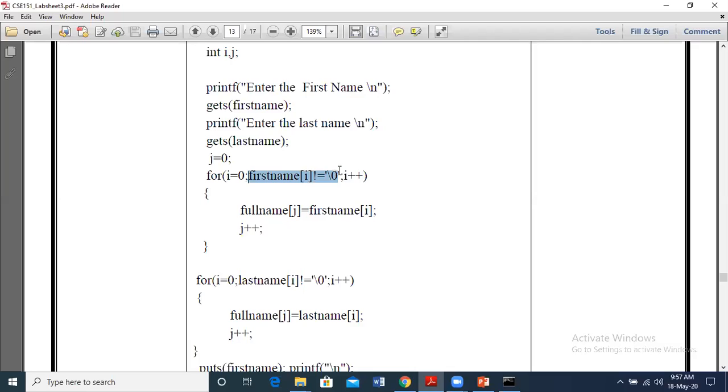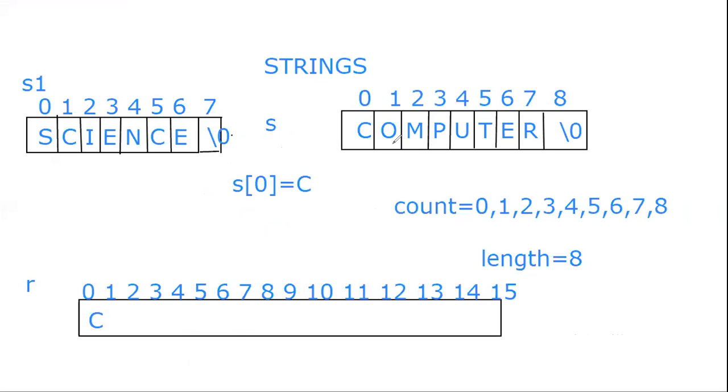We have O as the second letter. Is it equal to null? No. So first name of 1 will be copied to full name of 1. In this case, after C, we get O.